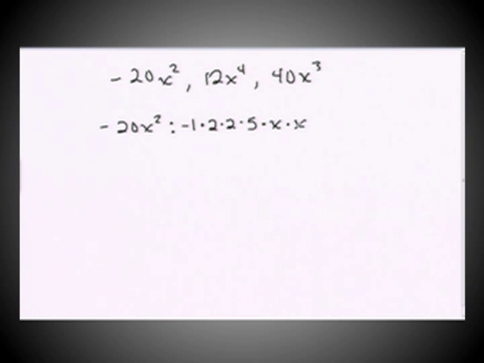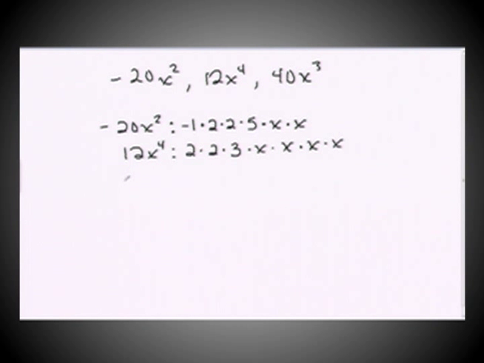We'll repeat this process for the other two monomials. So 12x to the fourth can be written as 2 times 2 times 3 times x times x times x times x. Lots of x's there.